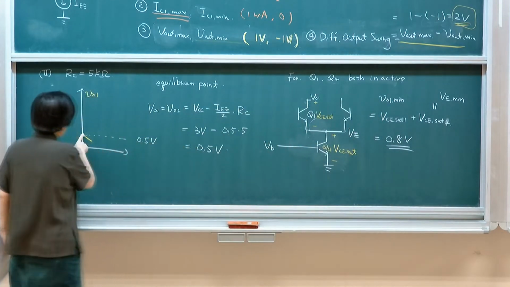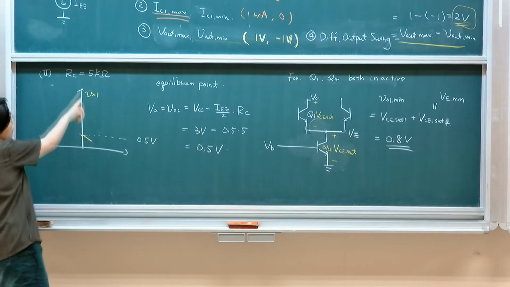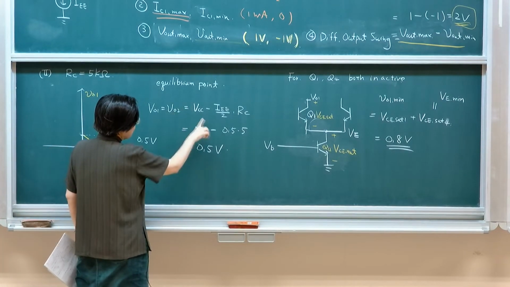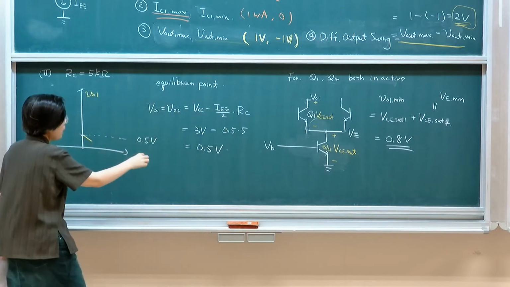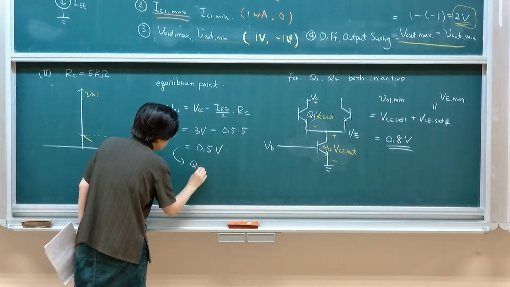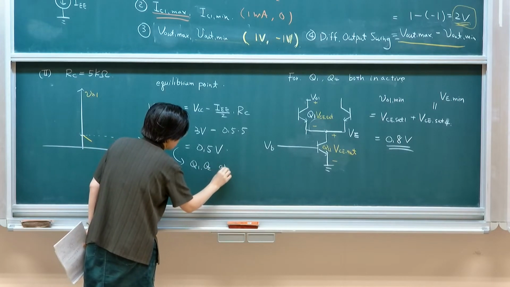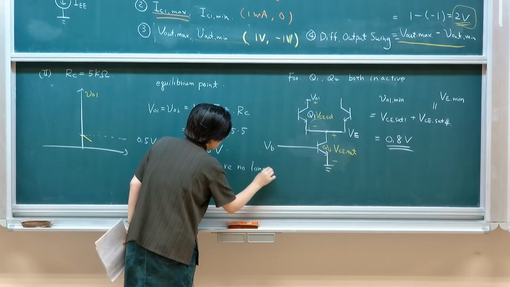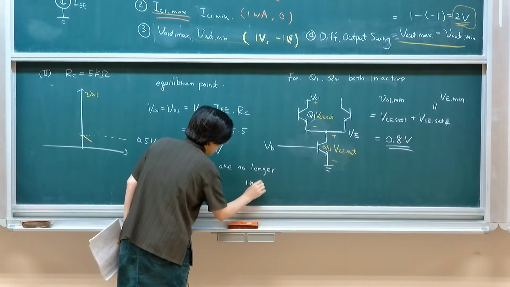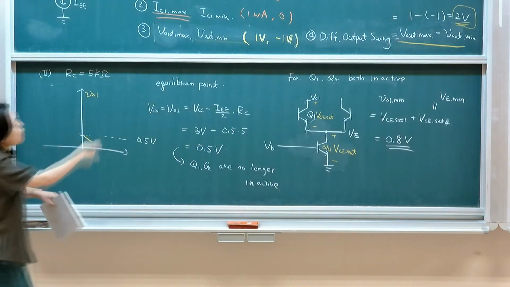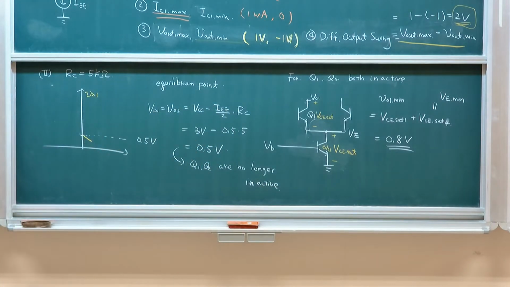This simply means that at equilibrium, if you try to make it into equilibrium, your Q1 and Q2 are no longer active. They no longer follow the linear trajectory.